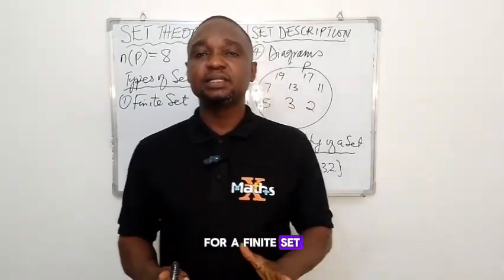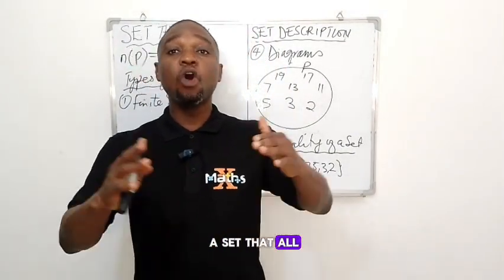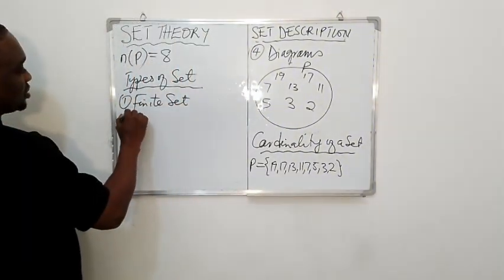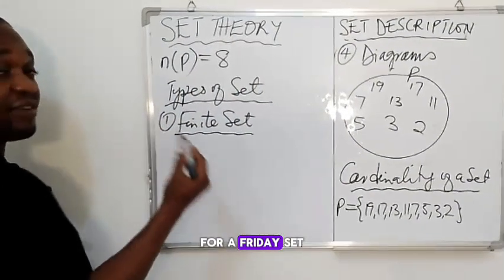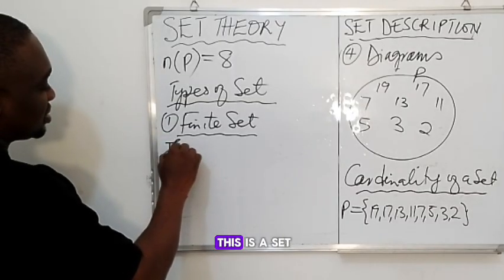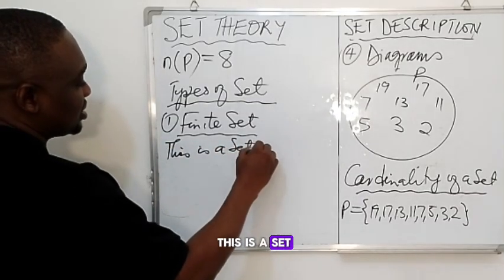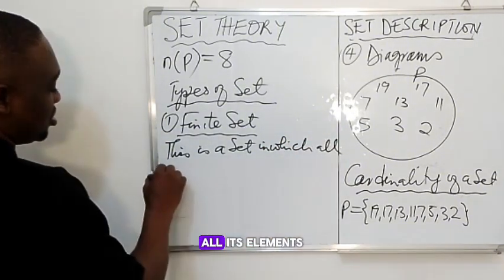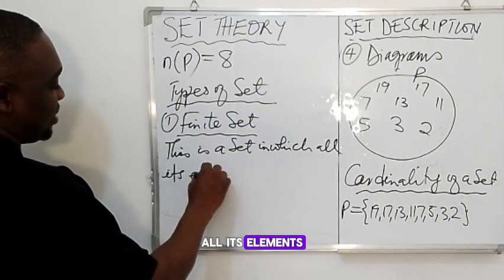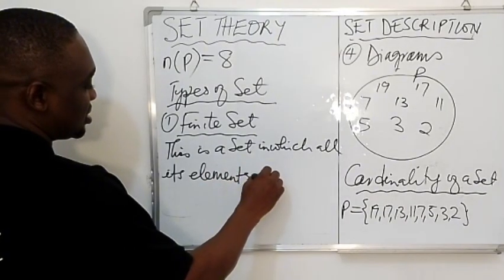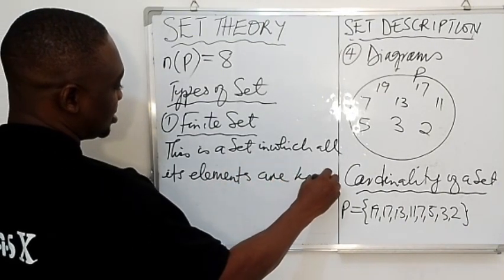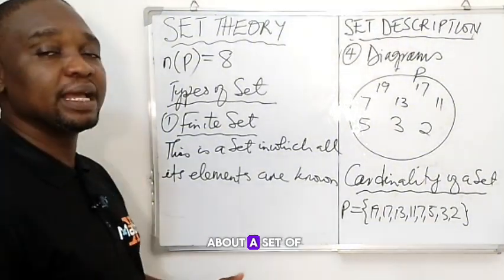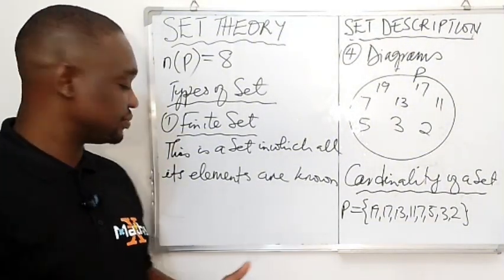A finite set is a set in which all its elements are known. For instance, let's talk about a set of even numbers.